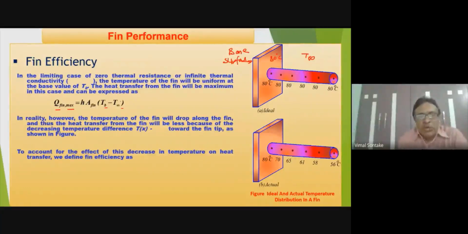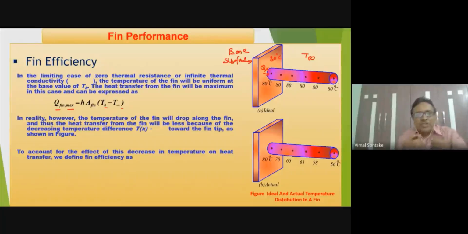But in reality, what happens? The fin will have finite thermal resistance or finite thermal conductivity value, because of which some resistance will be offered to the heat transfer from the base surface, from the root of the fin towards the tip of the fin.